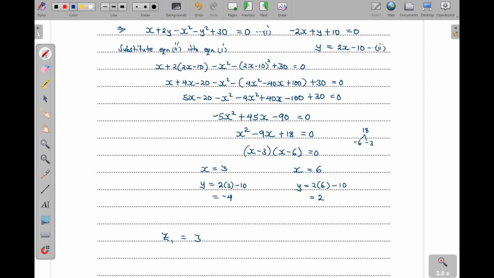So x is 3, then plus iy, so this will be minus 4i. That is 1. And then this other one here is going to be 6, then plus 2i. That is that.